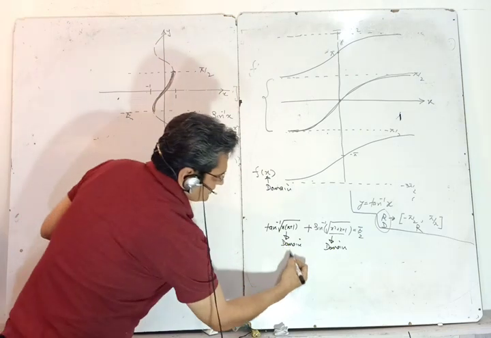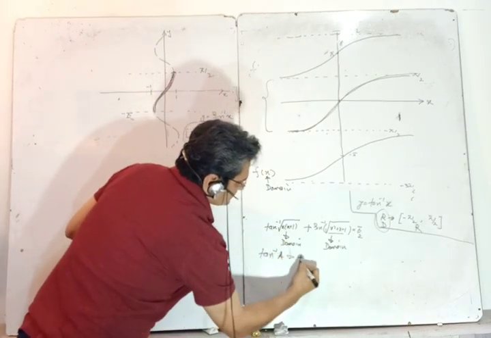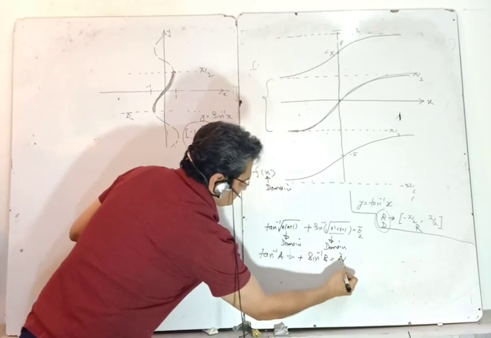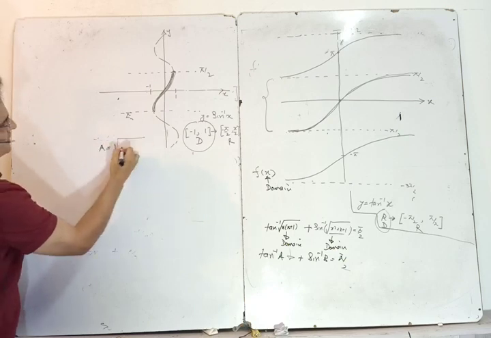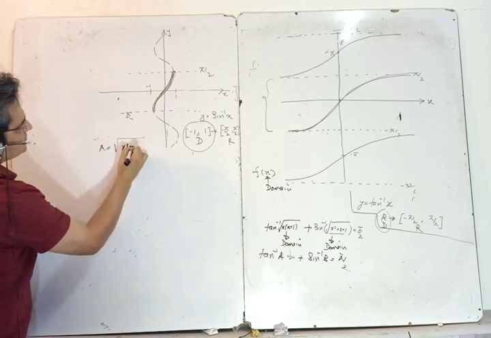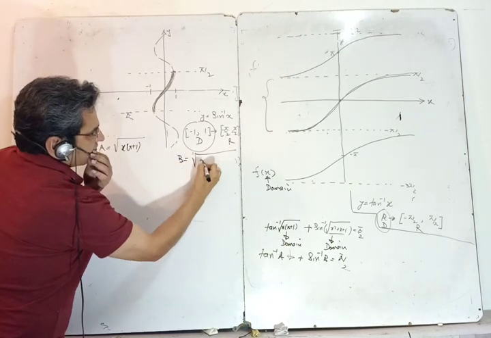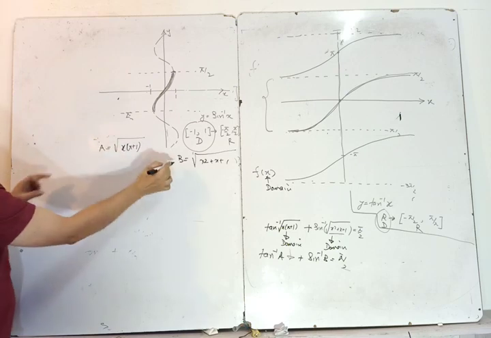So let this be tan inverse a plus sine inverse b is equal to pi by 2, where a is equal to root of x into x plus 1 and b is equal to under root x square plus x plus 1. First of all, these two have to be real.